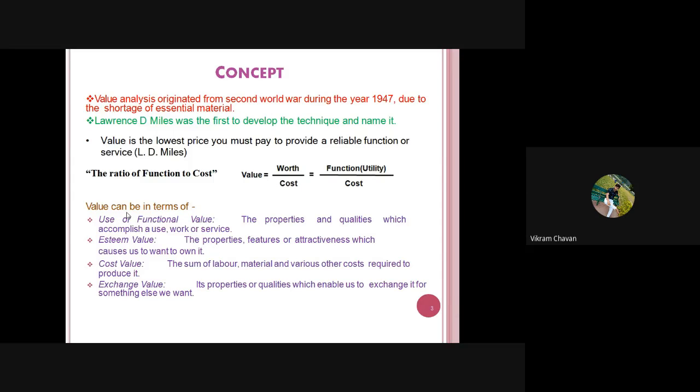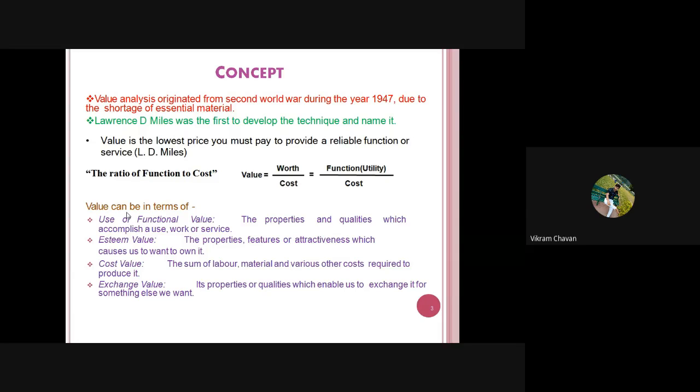Okay, so we can say that a product has good value when it withstands its functionality, or it is worthy to pay that much amount for that particular functionality.